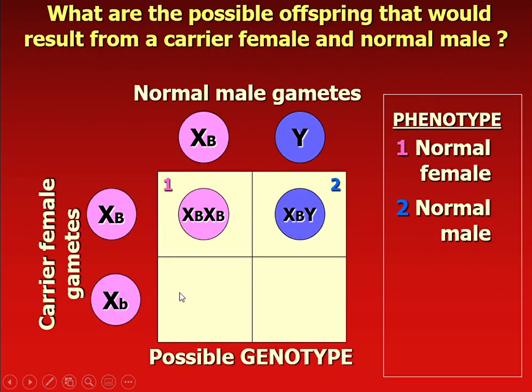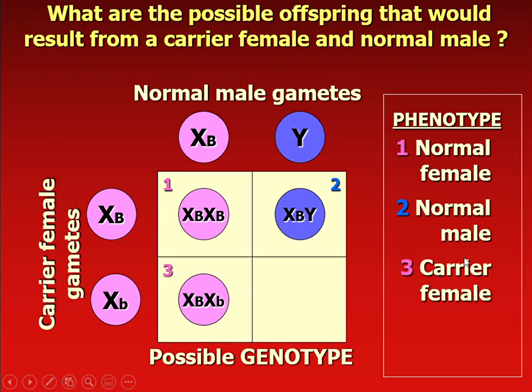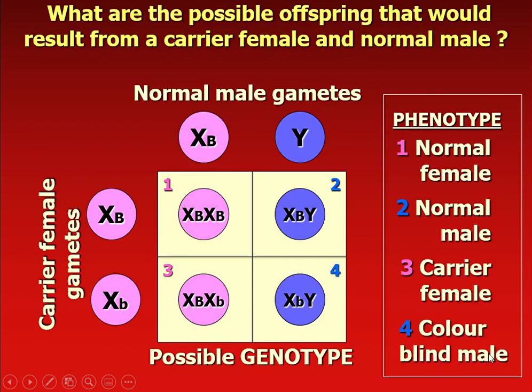What's going to be in this square? X^B X^b. That then you can refer to as a carrier female, but she will also be a normal female because she is not affected. And then the last square is going to be X^b Y, which is therefore a colorblind male.